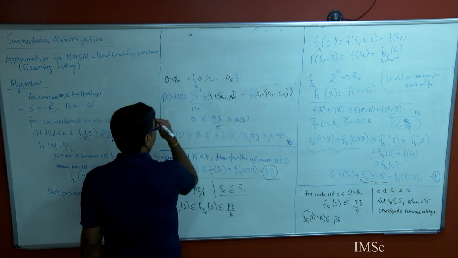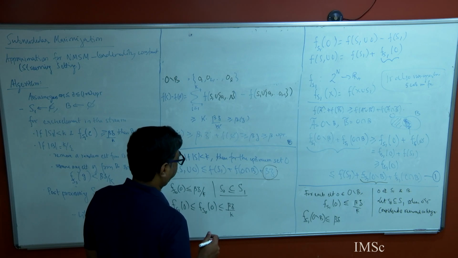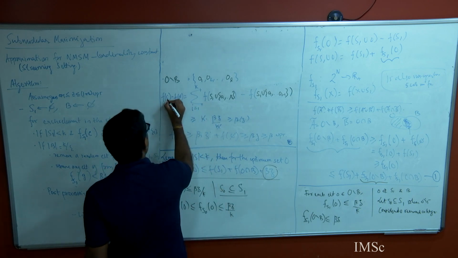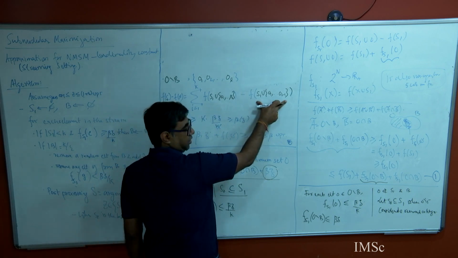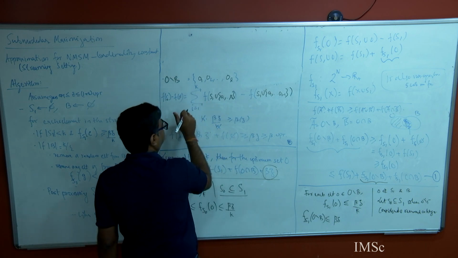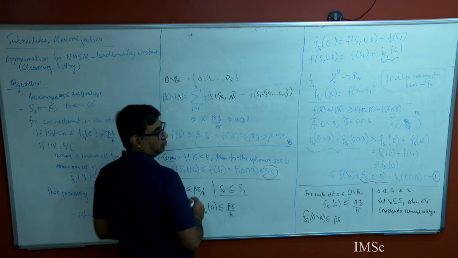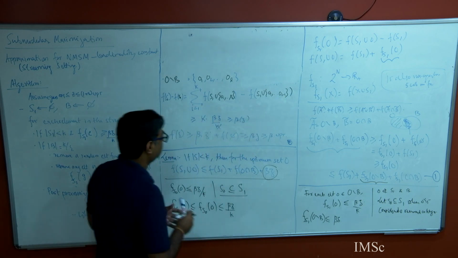What will we get from here? What is this term from here? It is just going to be f of S1. And what is the last term?